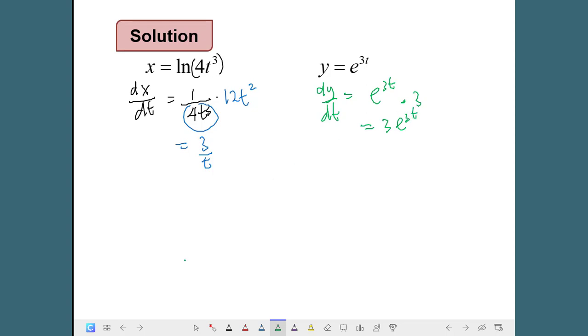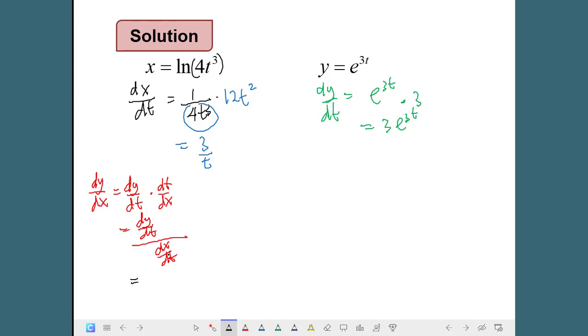So now, using the chain rule, dy/dx is equal to dy/dt times dt/dx, or dy/dt over dx/dt.